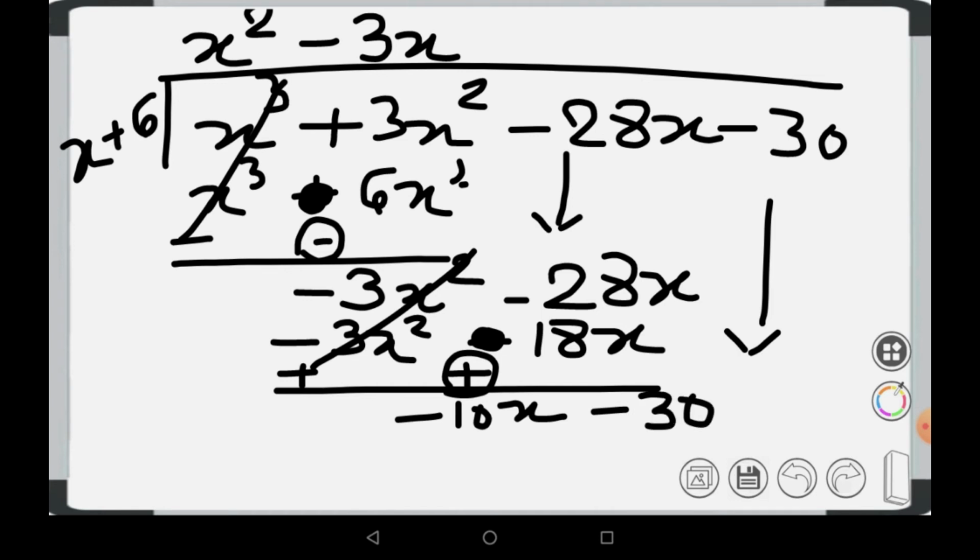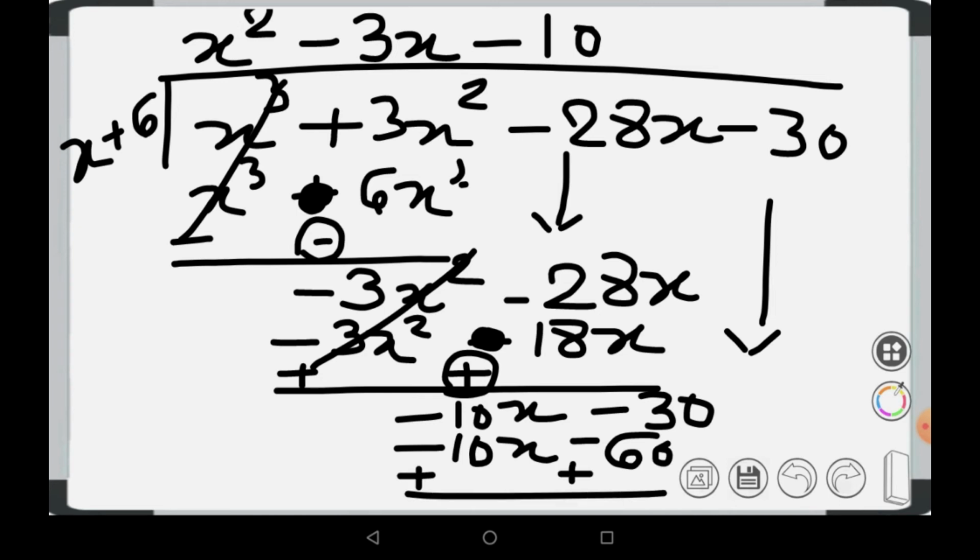Okay, we'll look at the first term again of the divisor x, and here we have minus 10x. So we will multiply it with a minus 10. So minus 10 into x will be minus 10x. Minus 10 into plus 6 will be minus 60. The sign changes, minus becomes plus, minus becomes plus, minus 10x plus 10x gets cancelled.